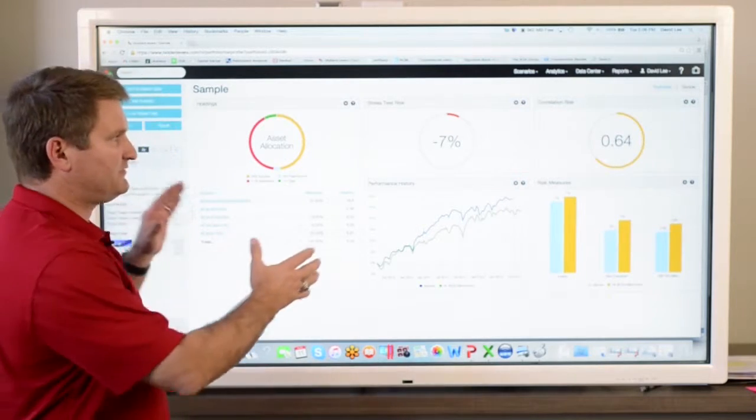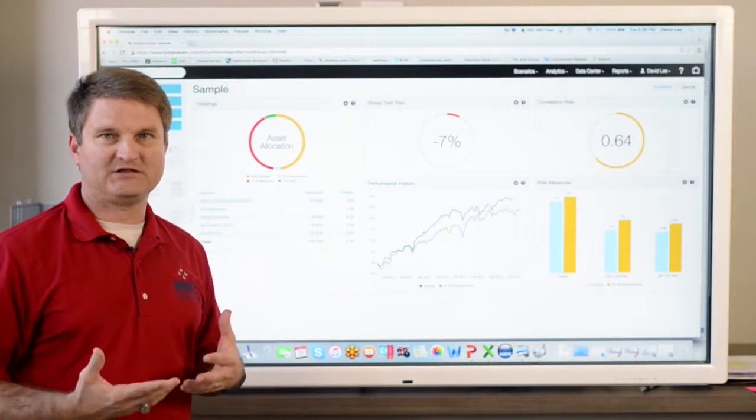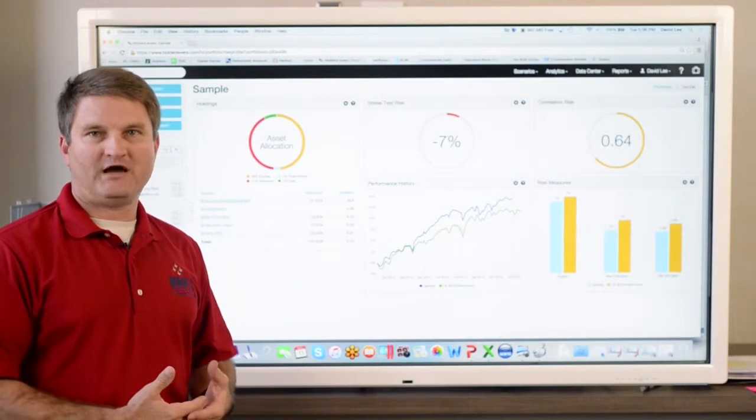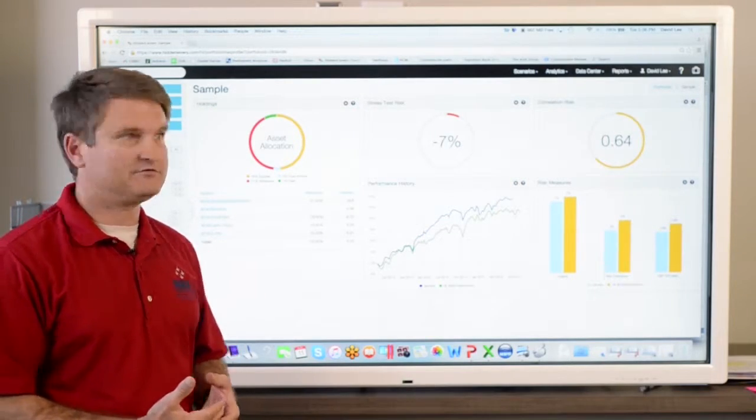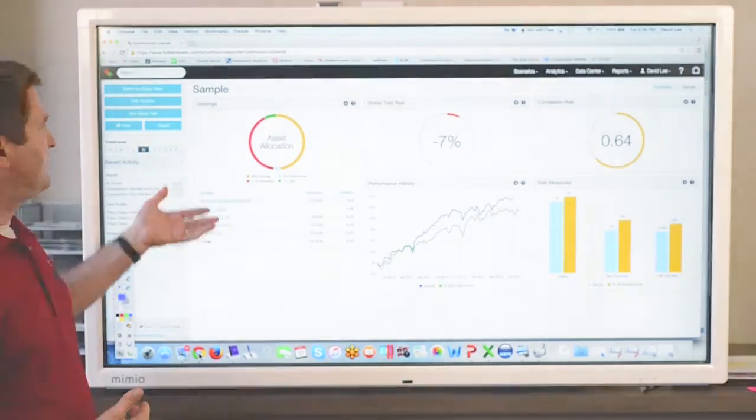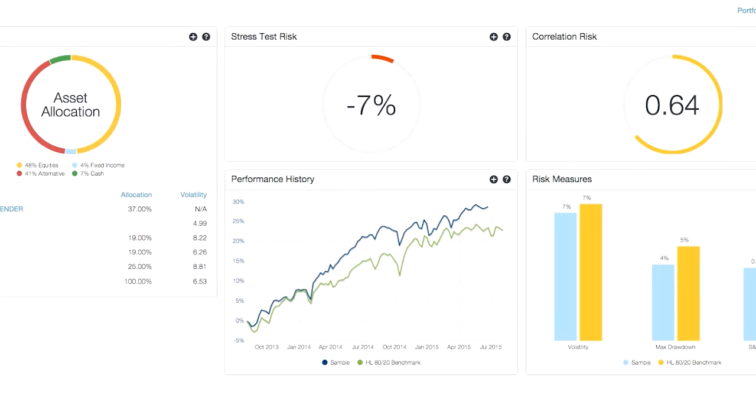And what we do is we say, if those worst case scenarios actually played out, how much would the portfolio lose? So here, I've got a sample portfolio that has a very typical asset allocation that we would use for a market neutral portfolio. In the current trending worst case scenarios, that stress test comes out to only -7%.